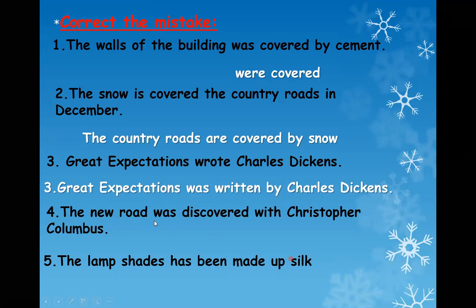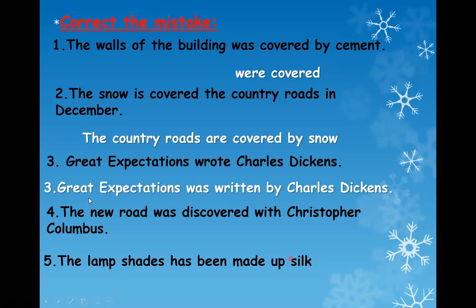Number 4, the new road was discovered with Christopher Columbus. Can you please repeat number 3? Here, Great Expectations is a novel. Wrote Charles Dickens. A novel cannot write any person. So you will change the verb to be in passive.